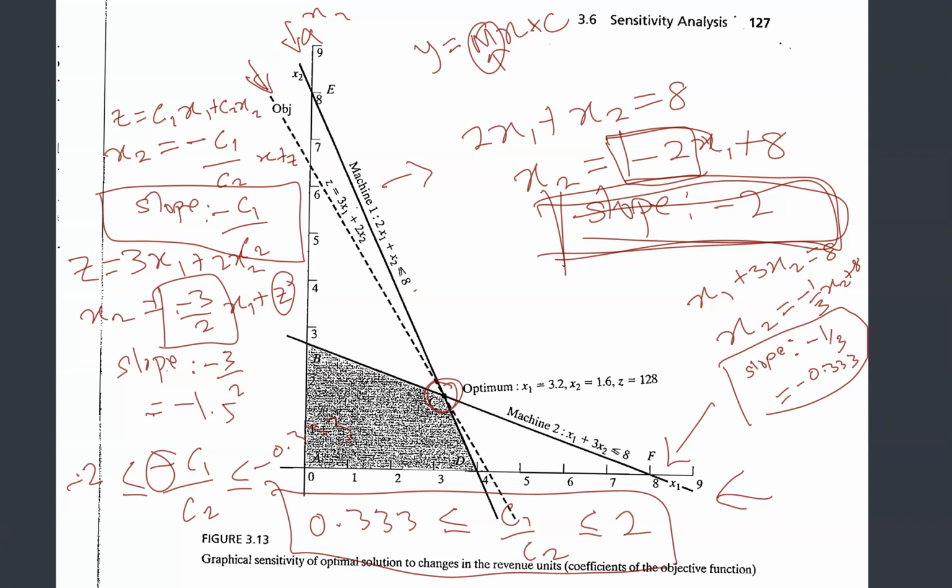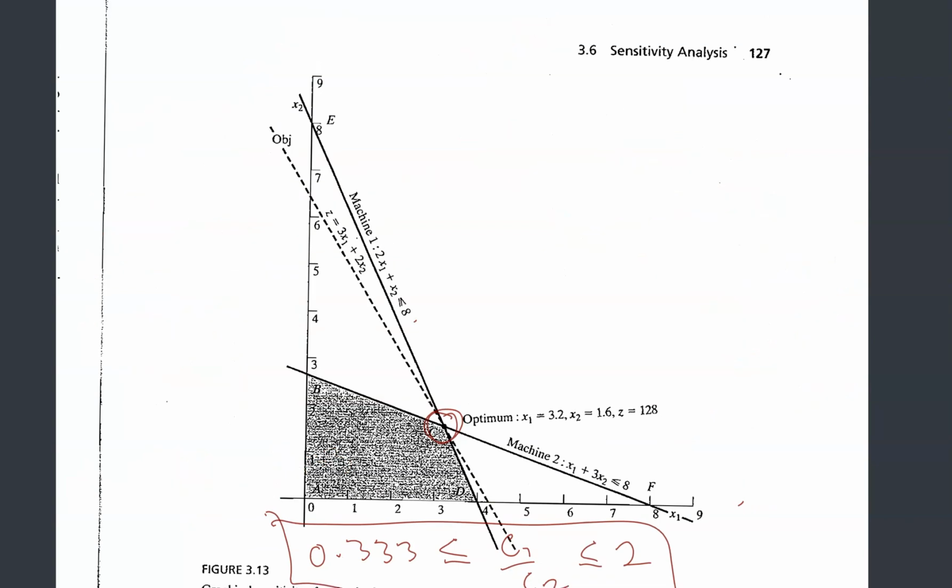This is the ratio that c1 over c2 can vary between. Never mind, we can still call it the optimality range.